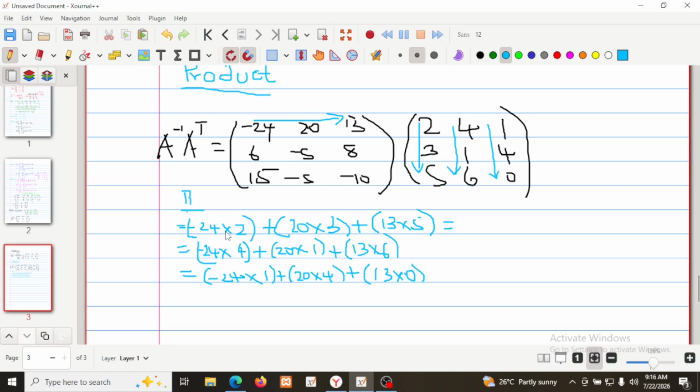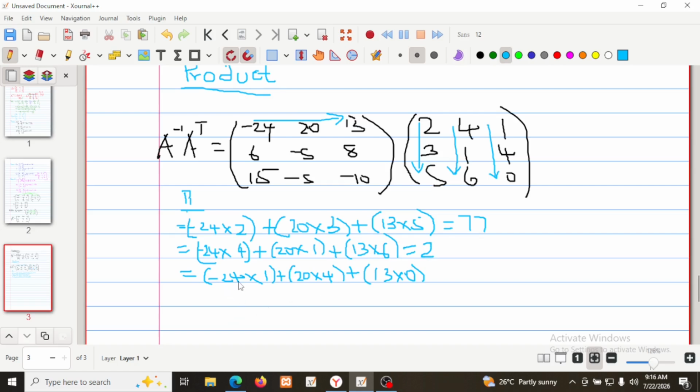So negative 24 times 2, that is negative 48, plus this 60, plus 13 times 5, so you use a calculator, you will get 77. Then the next one, negative 24 times 4 plus 20 times 1 plus 13 times 6, you will get 2.